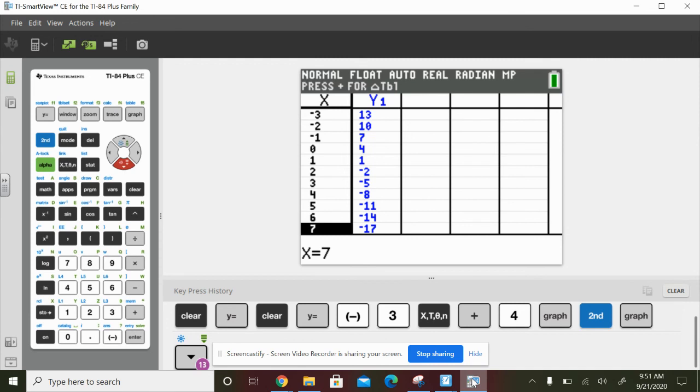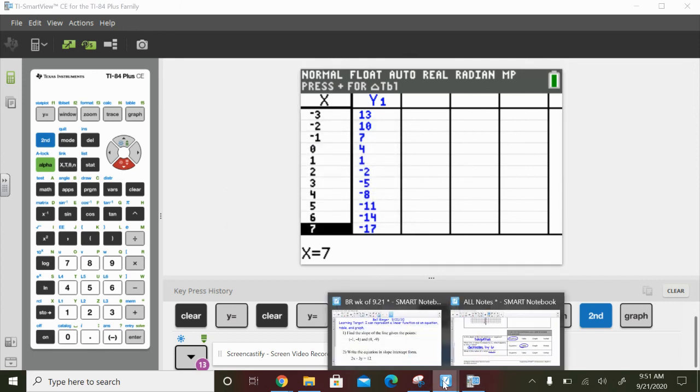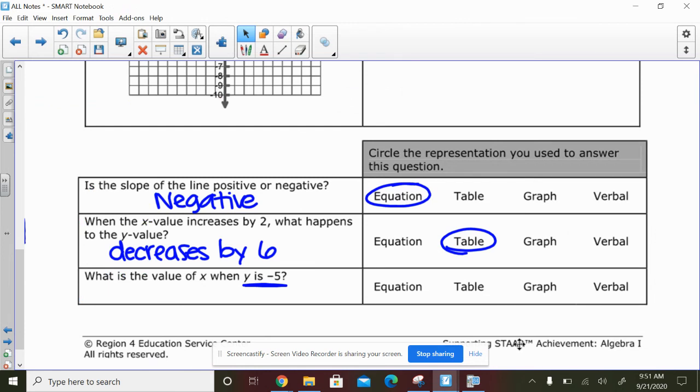So right here on the screen, where y is negative 5, it won't let me write, but we're right here. Y is negative 5, the x value is 3. So the value of x when y is negative 5 is 3. So x would equal 3. And I use my table to figure that out as well.